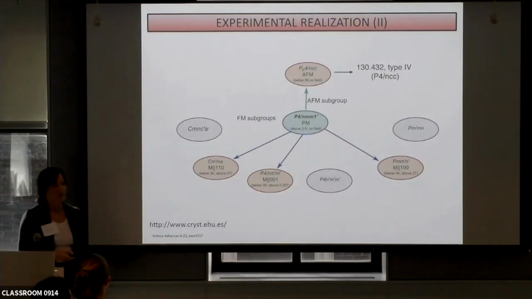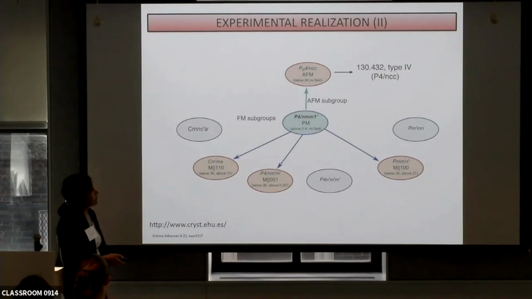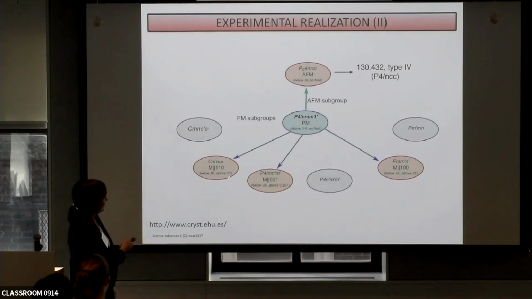Once we can rely on the DFT setup, then we look at the different magnetic phases that this material can hold. So by adding an external magnetic field of this number, 0.25 Tesla, and above the Curie temperature, we can find these phases that are ferromagnetic phases.